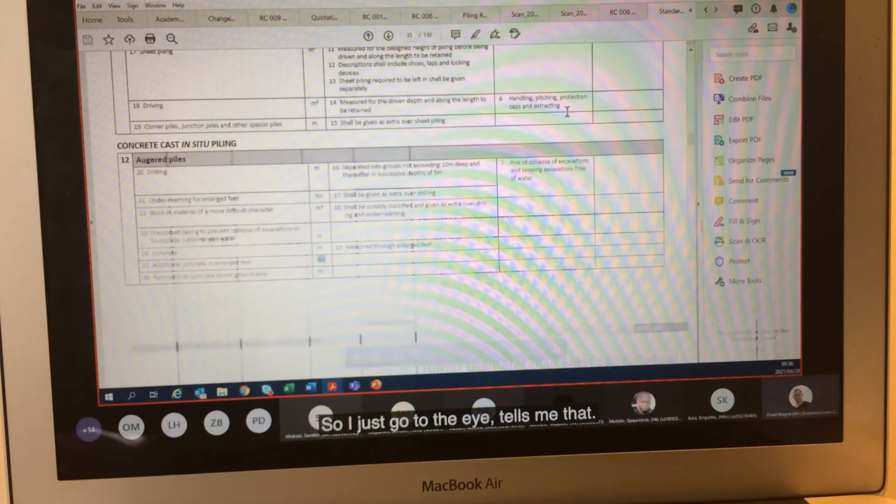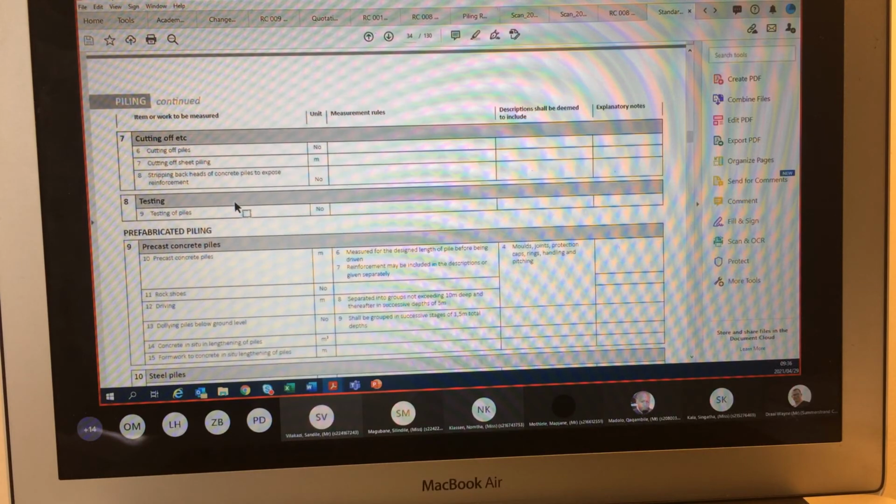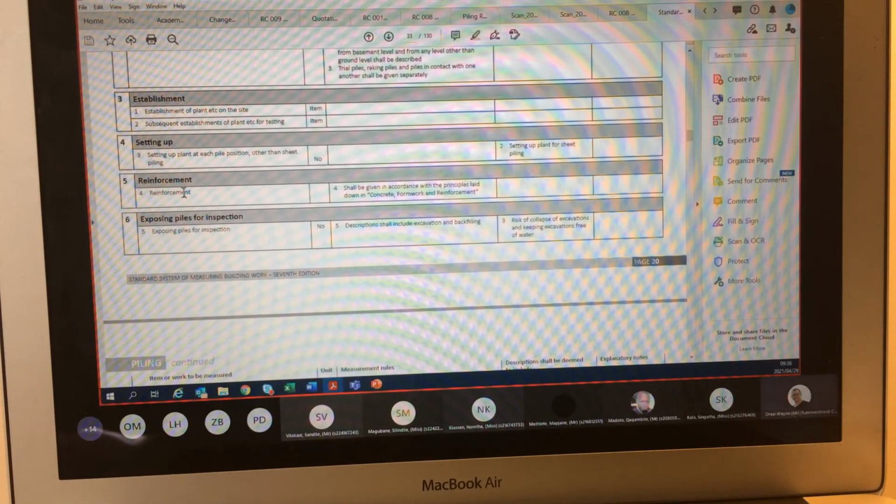So I'll just go to there. It tells me that steel reinforcement shall be given to us in accordance with the principles laid down in concrete formwork and reinforcement.